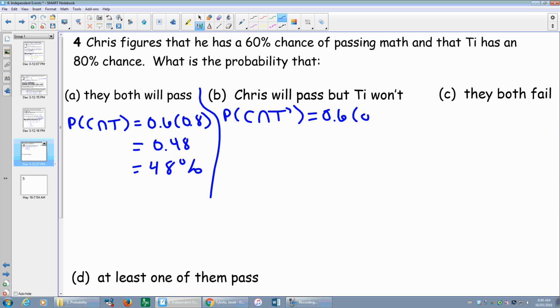Thanks, Scott. 0.2. And can you explain where you got that from? Where'd you get the 0.2 from?